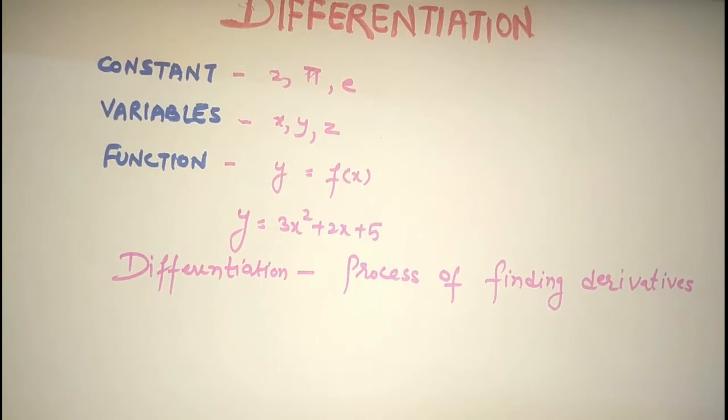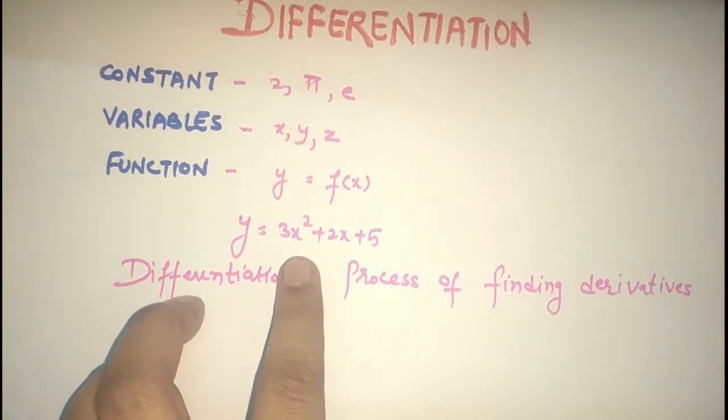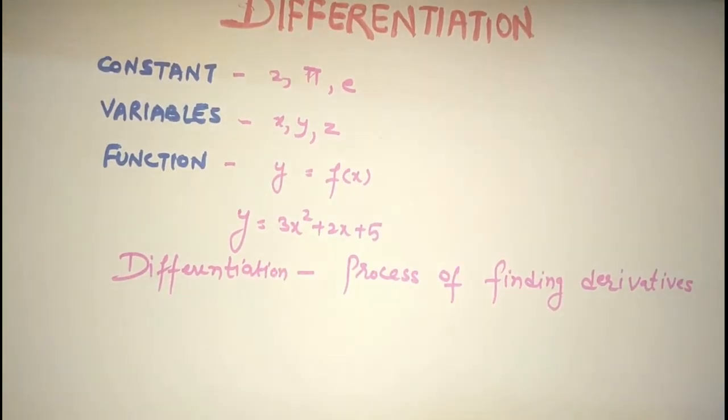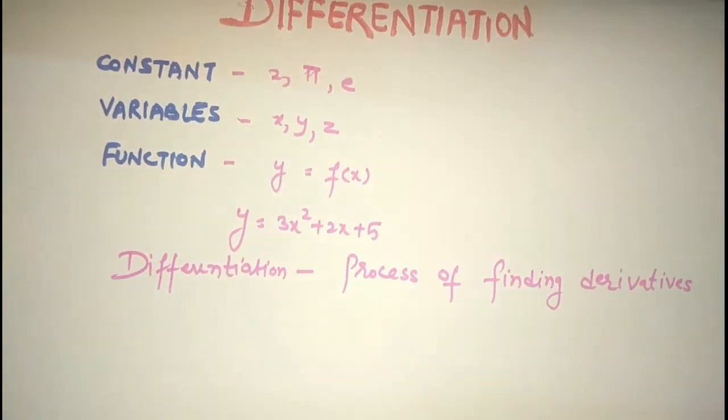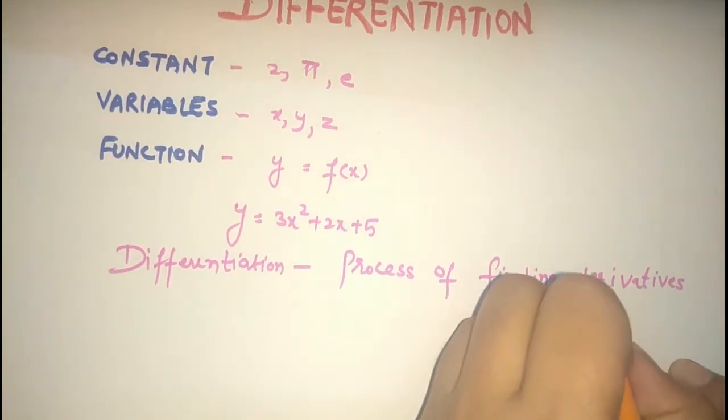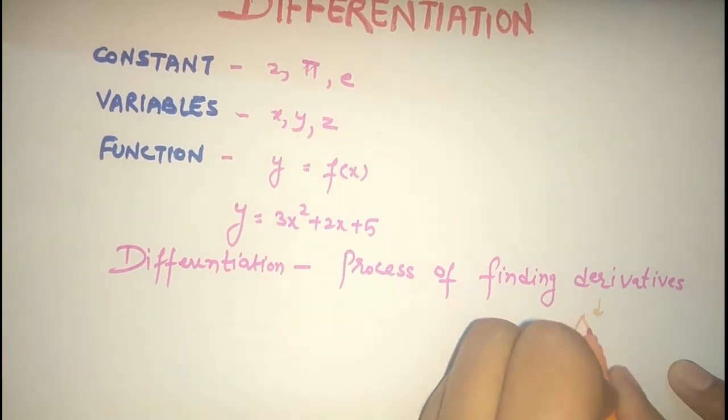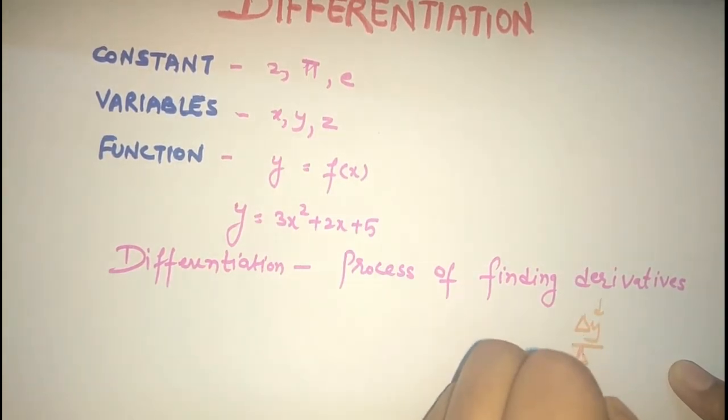If I increase x by a small amount, then obviously there will be a change in y. That change is known as the derivative, and we denote it with delta y upon delta x.